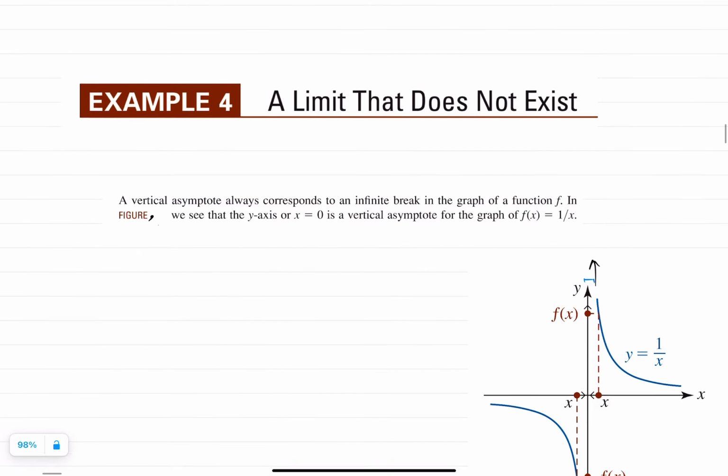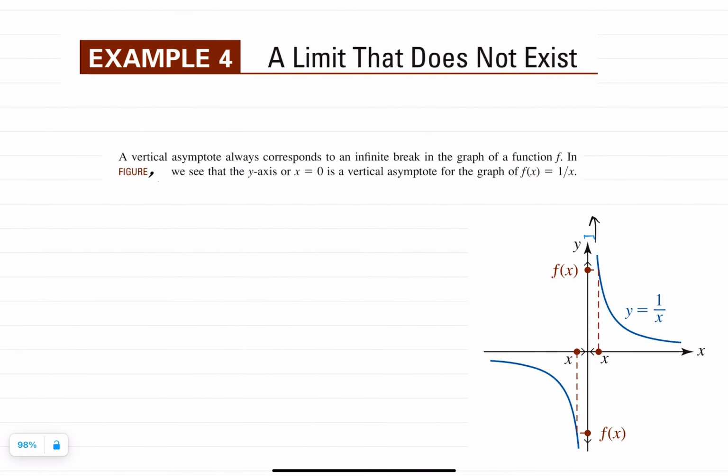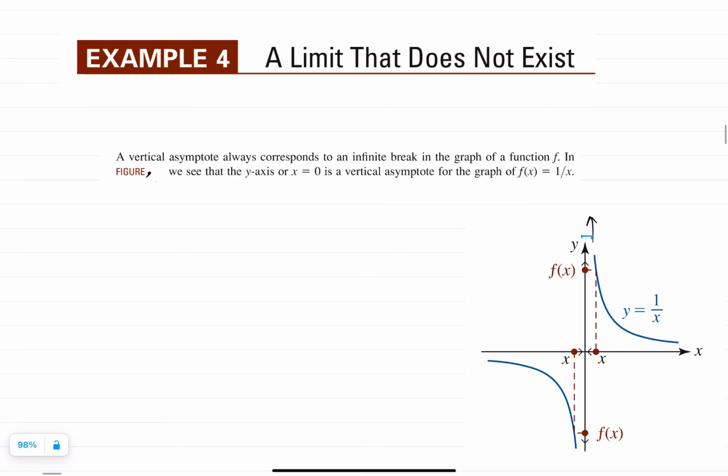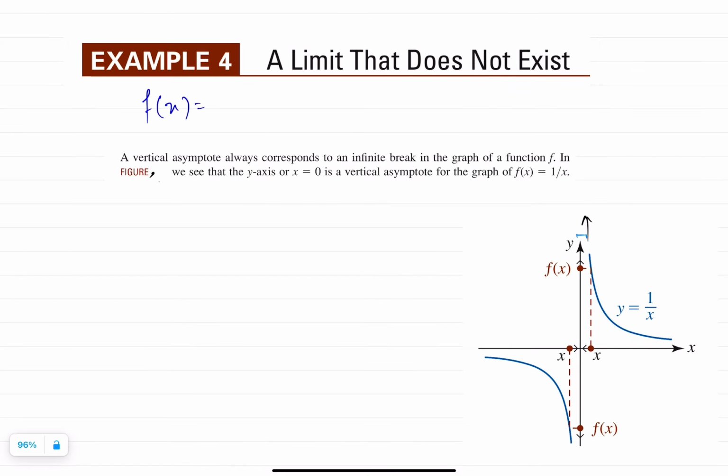Now for the next problem, I'm going to take again a function for which a limit does not exist. I will take the function 1 by x. We know that here in the graph this is a discontinuous function, and it forms an asymptote at x equal to 0. That means at x equal to 0, the graph never touches the y-axis.